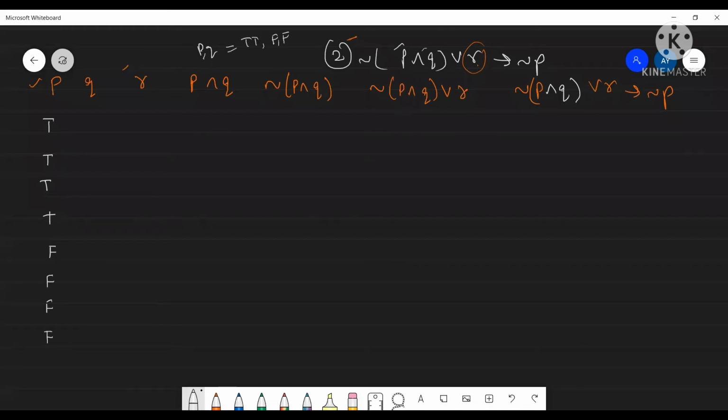Now as we have P, Q, R, you have to use 4 truths and 4 false. So what will be the Q column? The Q column will alternate, 2 truths and 2 false. That is true, true, false, false. Again true, true, false, false. What will be R? Alternately true and false. So true, false, true, false, true, false, true and false.